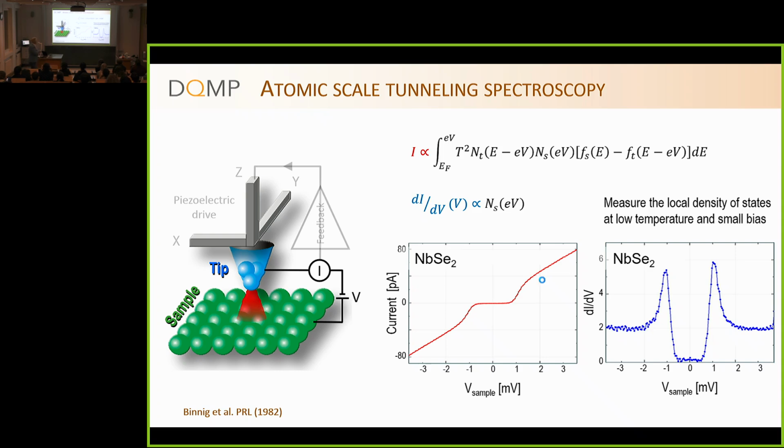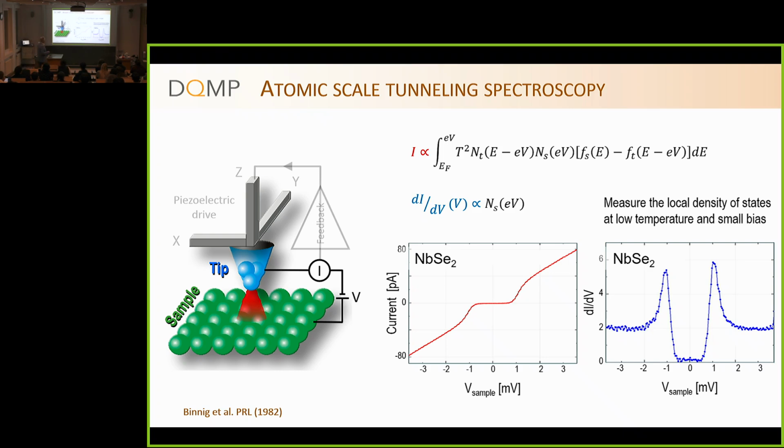So this you can do either measuring IV and taking the derivative numerically, or you can apply a small AC bias to the voltage here, and then you can directly with a lock-in measure the signal at the same frequency as the oscillation. The modulation of the current at the same frequency as the bias gives you the dI/dV.